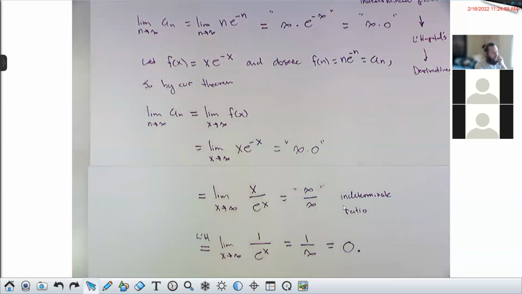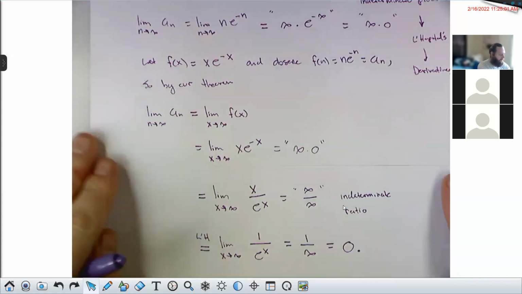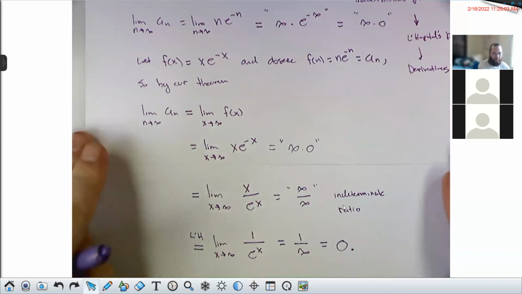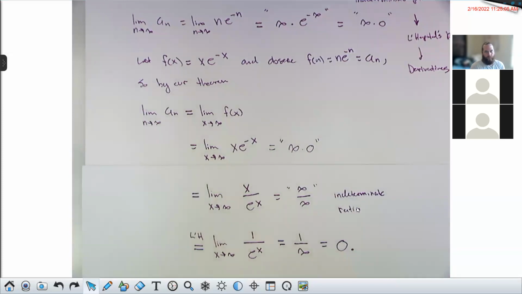Now, with all this said, in the future, I will just apply L'Hopital's rule or whatever rule directly to the sequence, because the only impact this theorem has on what you write down is that instead of writing the letter n, you write the letter x.